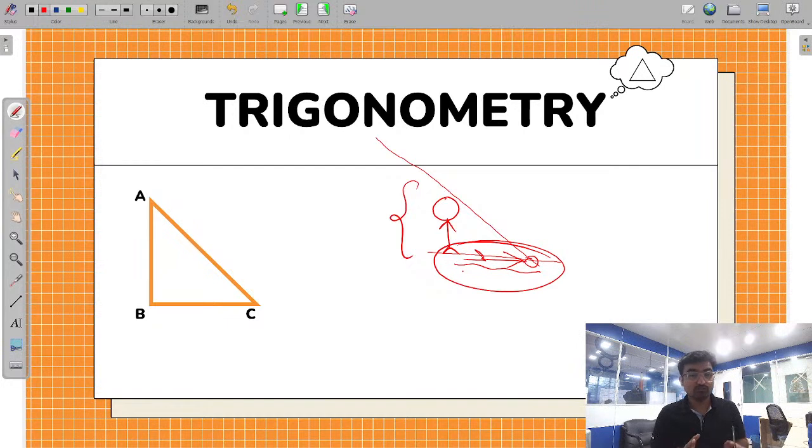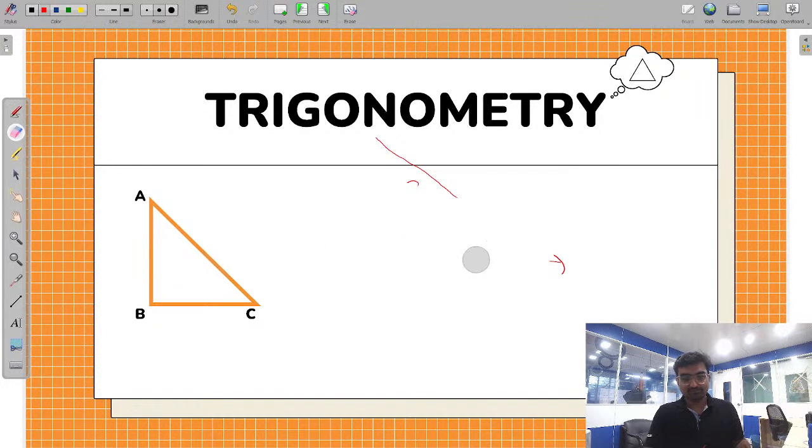Now it's not just used for calculating actual heights and all. There are plenty of applications you will find of trigonometry in your day-to-day life. Okay, so let's study that. What is trigonometry? For trigonometry, all you need to remember is 6 basic formulas, or you can say 6 ratios.